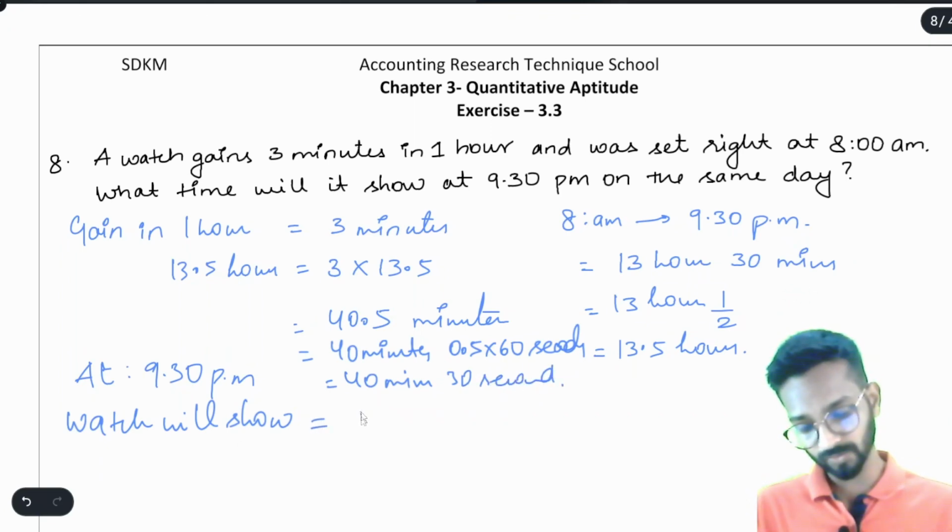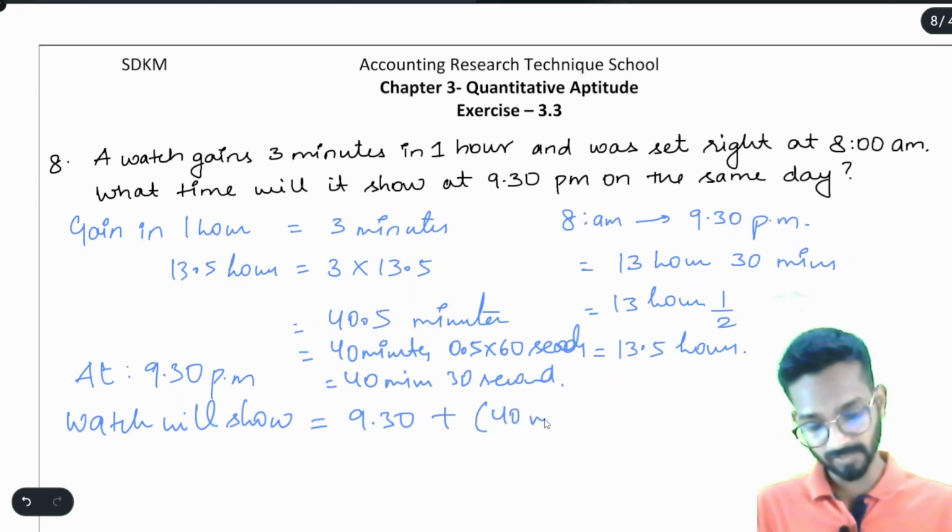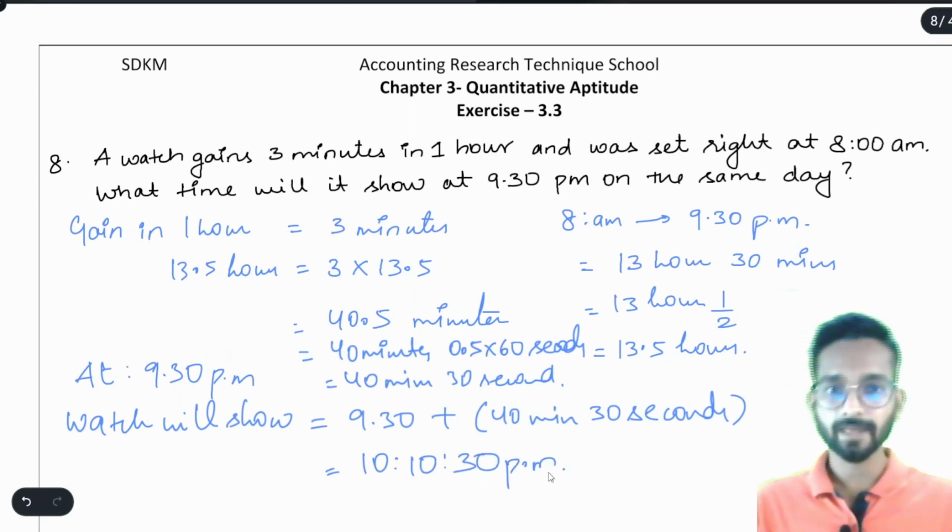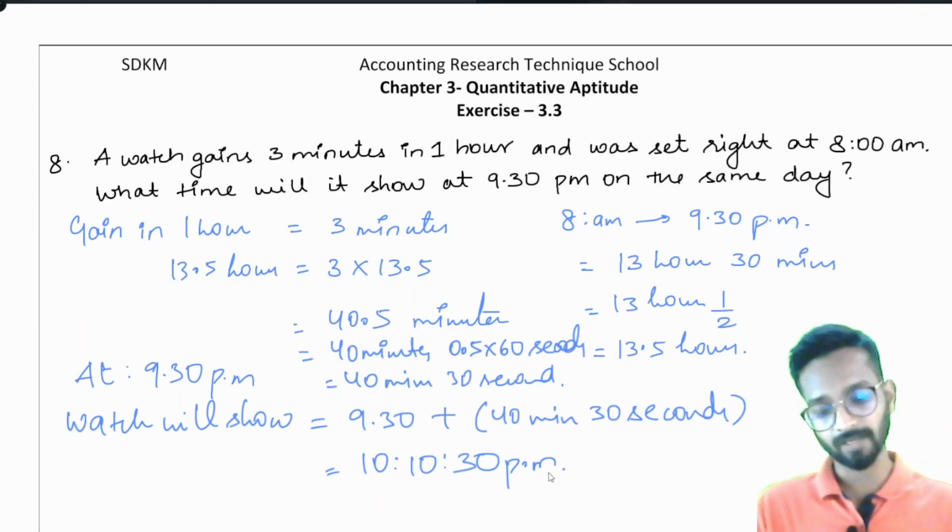So the watch will show 9:30 plus 40 minutes and 30 seconds. So it will be 10:10 pm. Understood? This is our final answer.